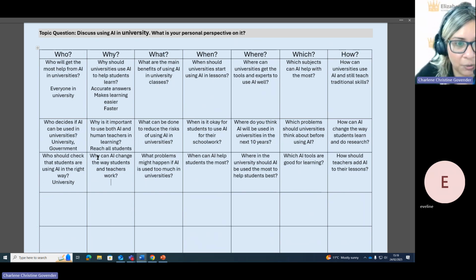It's not just only for school that you can use AI. It's really going to change the way we look at our life and how it can make it easier. But the focus for today is, unfortunately or fortunately, AI in universities. So, with the future, how do you think AI is going to change the way students and teachers work? Why can AI change the way students and teachers work?